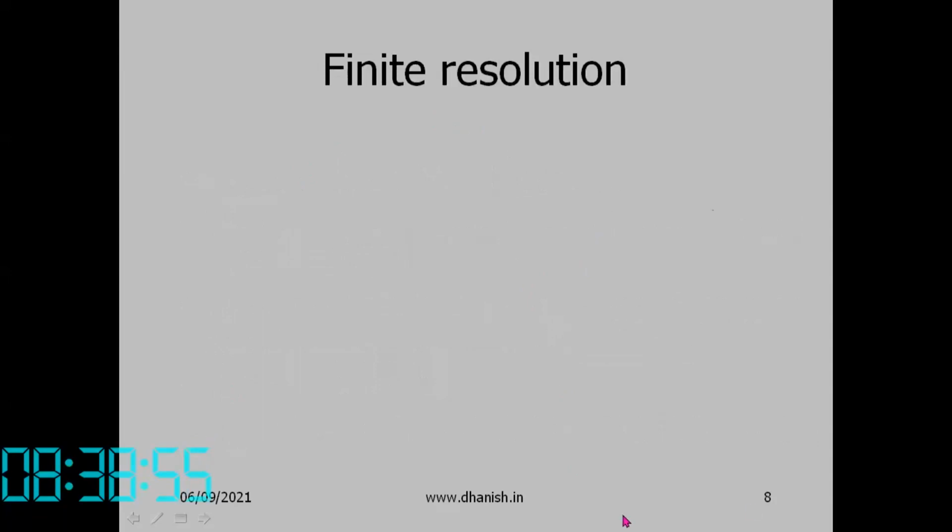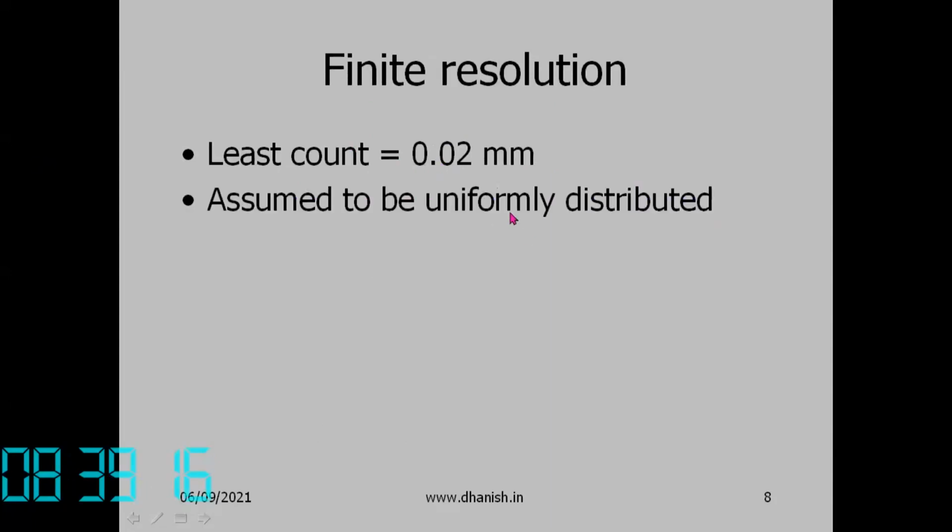Next is finite resolution. So least count is 0.02. So why are we considering this? Because the repeated readings, if the variation is smaller than this, then we will not get any uncertainty. But actually it may be anywhere between the two divisions of the vernier. So least count of the vernier is 0.02, so we can assume this to be uniformly distributed. It can be anywhere between plus or minus 0.01.